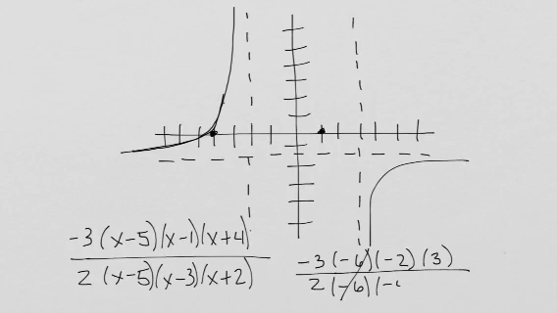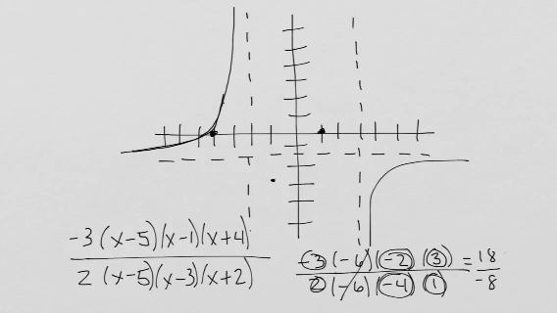Negative 1 minus 3 is negative 4, and negative 1 plus 2 is 1. That gives me negative 3 times negative 2 is positive 6 times 3 is 18. 2 times negative 4 is negative 8 times 1 is negative 8. That's going to give me about negative 2 1/4.